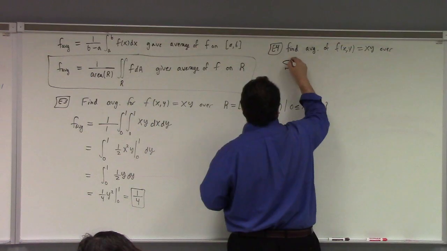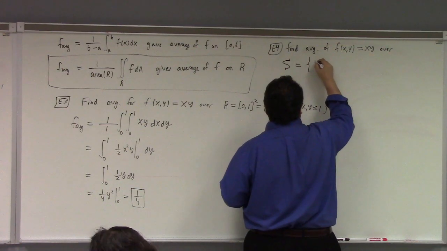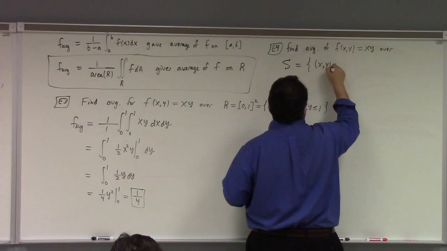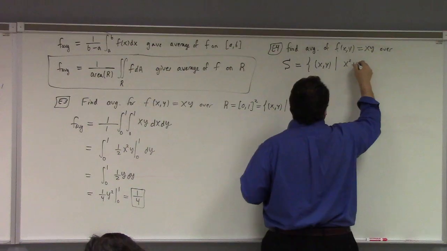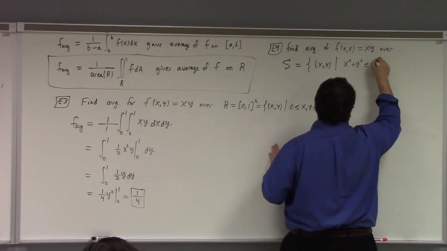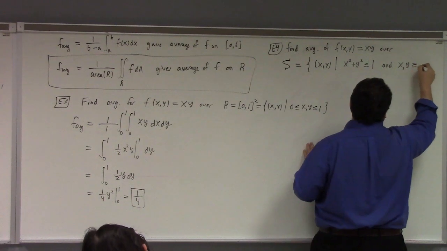I'll call it S, the quarter circle. And so what that's going to be is x comma y such that x squared plus y squared is less than or equal to 1, and x and y are greater than or equal to 0.